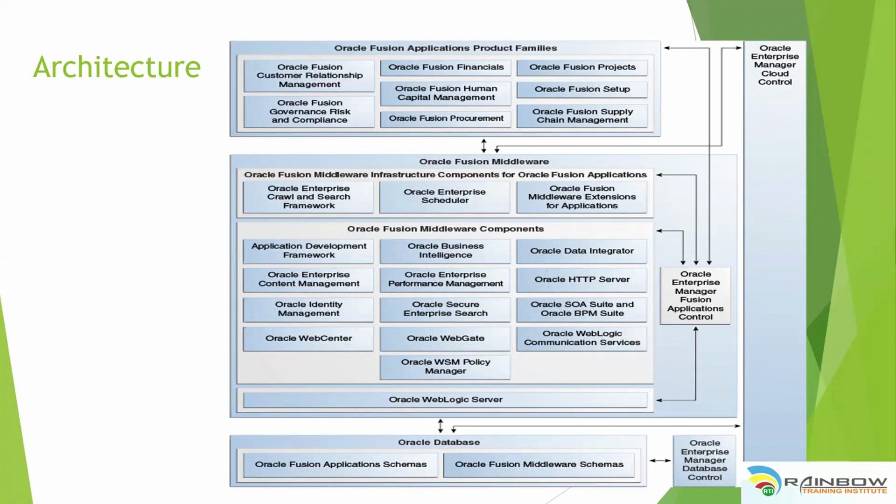Every business is unique. There are certain standard elements, but at the same time there are certain specific custom processes which Oracle Fusion may not be self-sufficient to cater to.